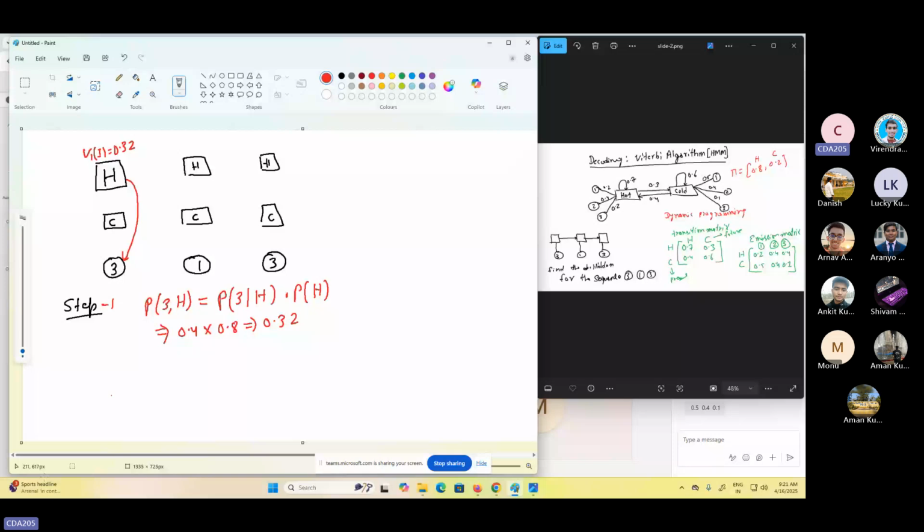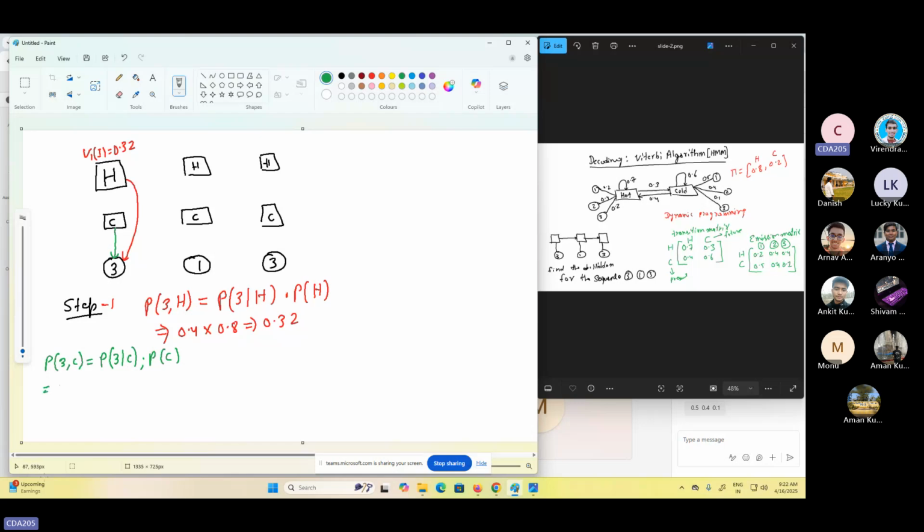Now again we can see this one, C to 3. When we see P(3, C), it will be P(3|C) into P(C). So what will be the value?